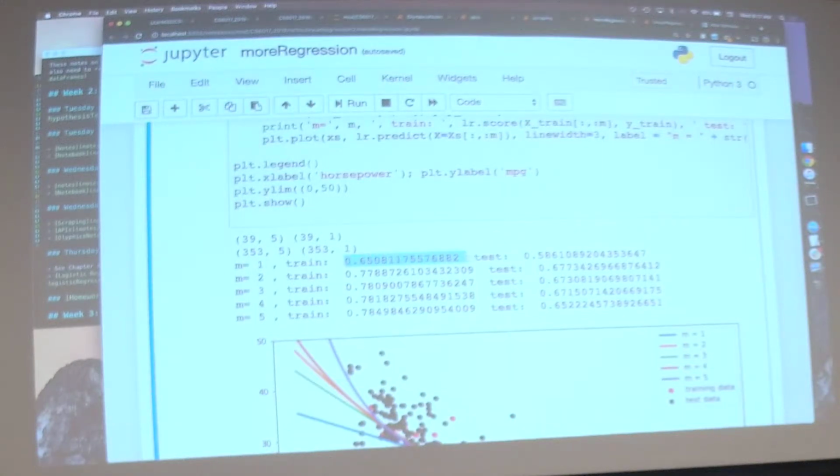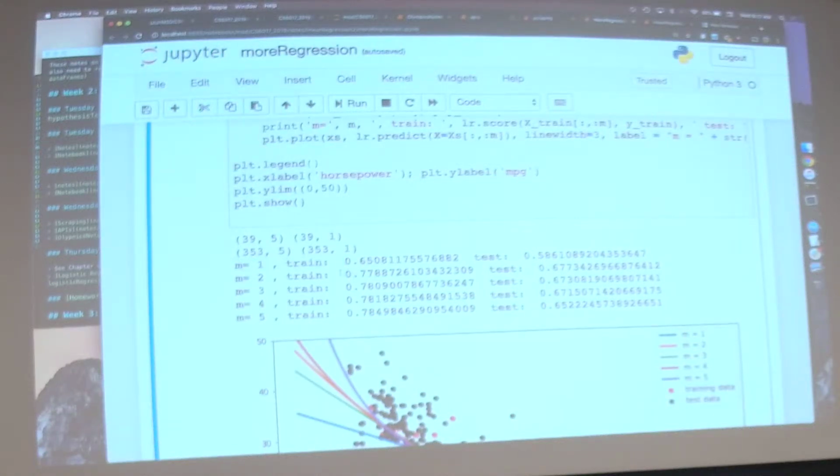On the training data, it's pretty low, and on the testing data, it's even lower. So this tells us that we're probably underfitting. Our training R-squared is low, so we probably don't have enough degrees of freedom in our model to actually represent what the data is saying.